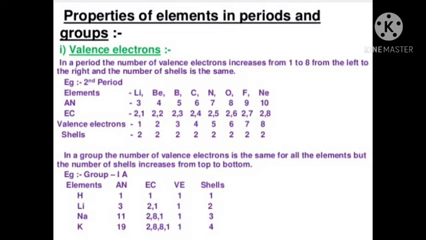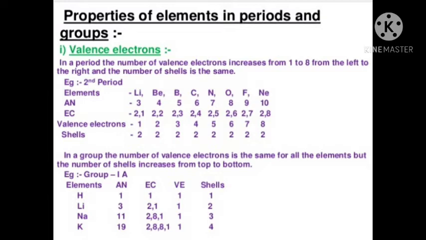Example, group 1A, the elements hydrogen, lithium, sodium, potassium. Hydrogen has atomic number 1, so electronic configuration 1. Valence electrons 1, number of shells 1. Lithium atomic number 3, so electronic configuration 2, 1, valence electrons 1, shells 2. Sodium has atomic number 11, electronic configuration 2, 8, 1.